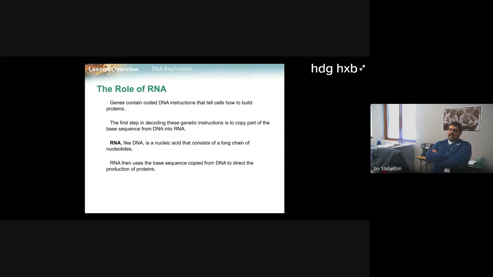RNA is a nucleic acid also, and it consists of long chains of the nucleotides A, U, C, and G. This RNA uses the sequence from the DNA to send out a message that has the code for producing proteins.